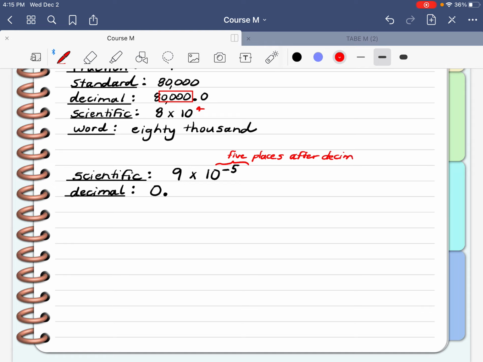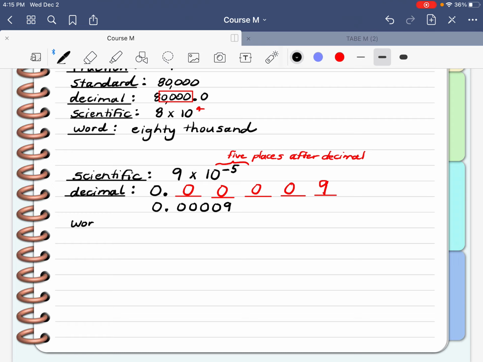And if it helps you, go ahead and draw them. 1, 2, 3, 4, 5. And that 9 gets to sit in that 5th place. And then zeros are going to fill this place. So the decimal is 0 point, tenths, hundredths, thousandths, 10 thousandths, 100 thousandths.